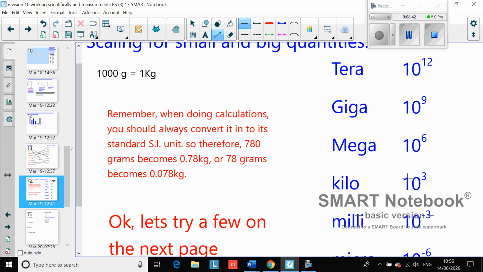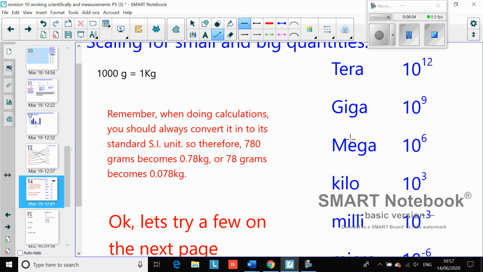That means it's 1 with 3 noughts. Now that one's already there. So basically not 10 and then 3, because that's 10,000. Okay, it's basically the first number plus however many zeros. Okay, so kilo means 1,000.